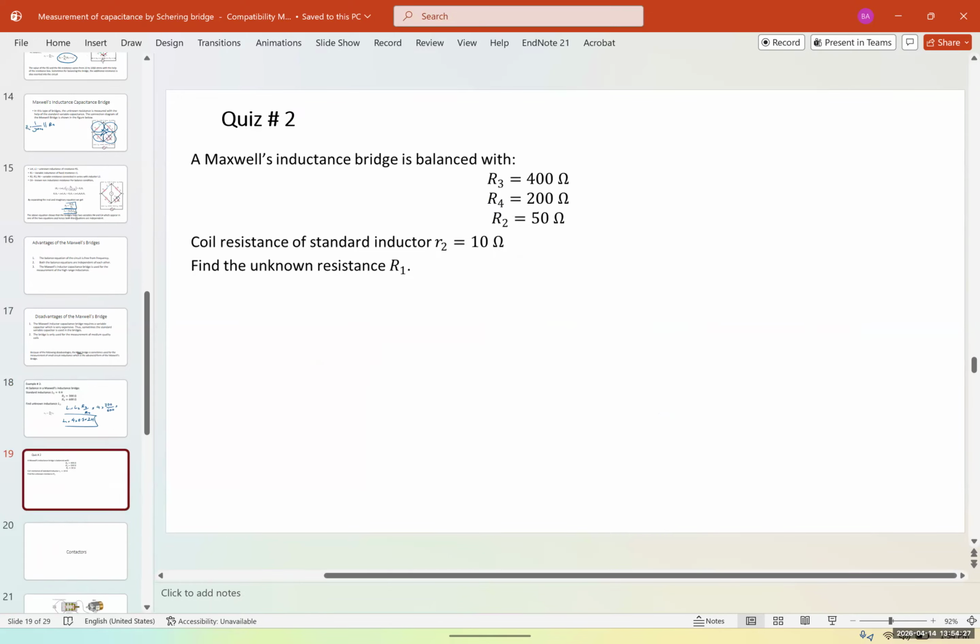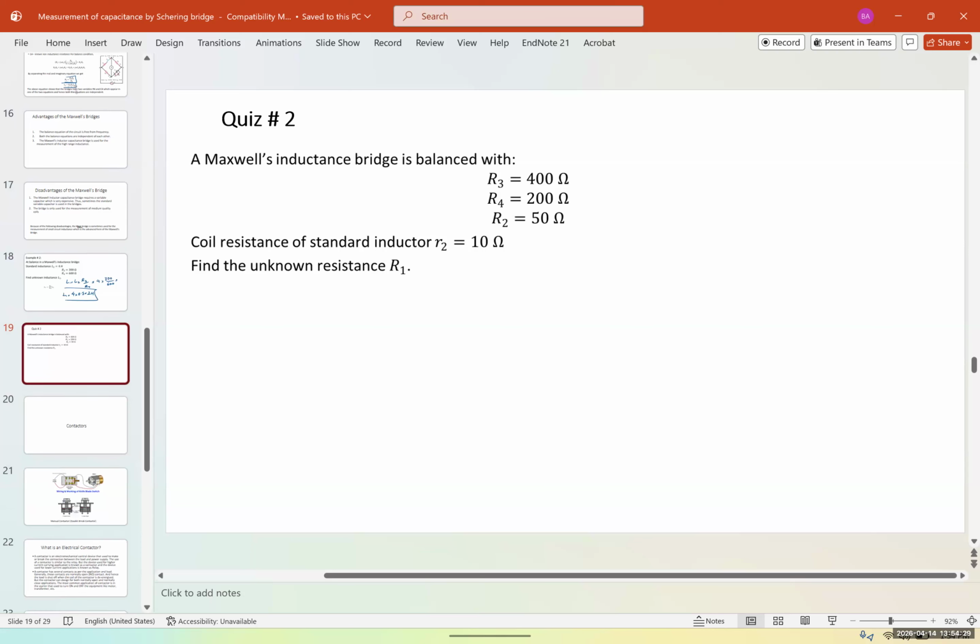Now, next question. A Maxwell's inductance bridge is balanced with R3 equal to 400, R4 equal to 200, and R2 equal to 50 ohms. Coil resistance of standard inductor R2 is 10 ohms. Find the unknown resistance R1.